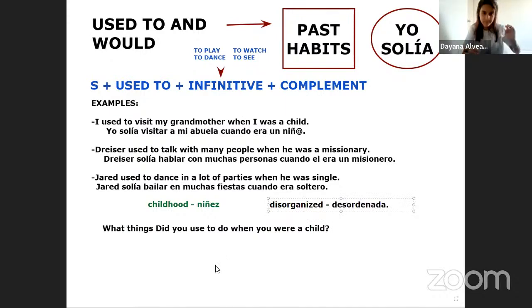Thank you, teacher. You're welcome. Disorganized. I used to be very disorganized. I used to embroider when I was a child. Bordar. Embroider.